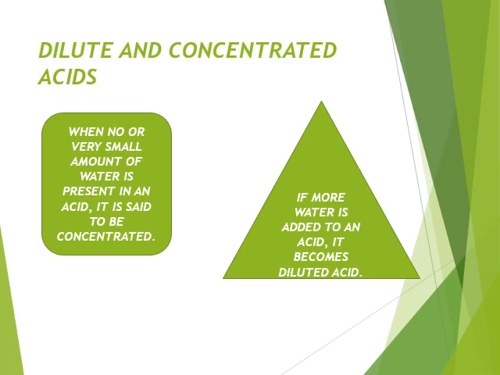Dilute and concentrated acids. Before understanding them, just answer me. Imagine that you are preparing a solution of water and sugar. And initially you have put more amount of sugar than water.